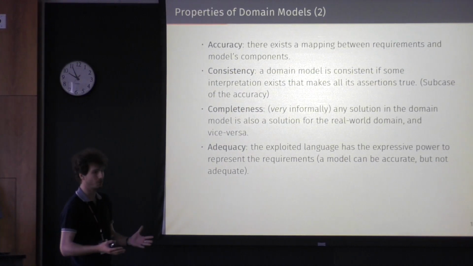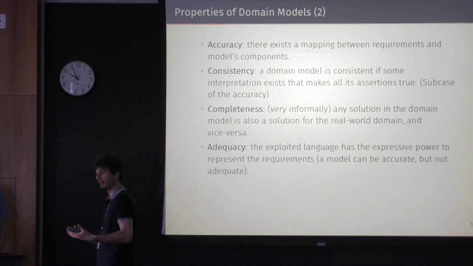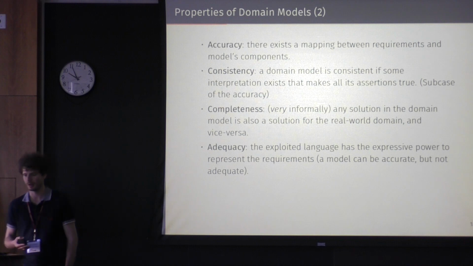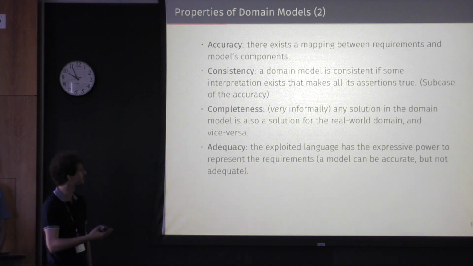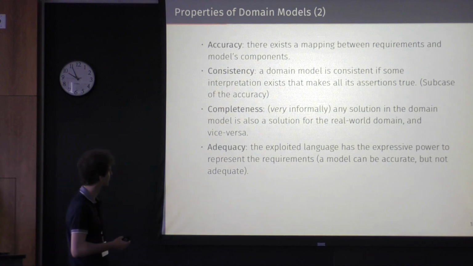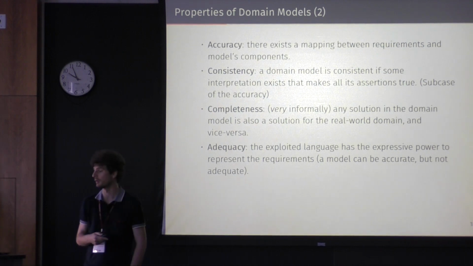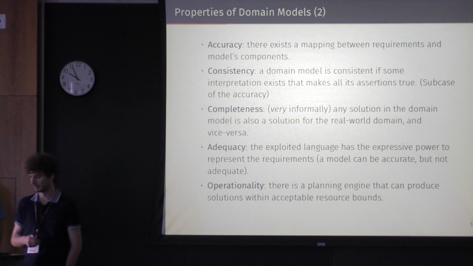So you are representing all the requirements, but not in a way which is adequate to find a solution which makes sense in the real world. So adequacy is also related to completeness from this perspective.